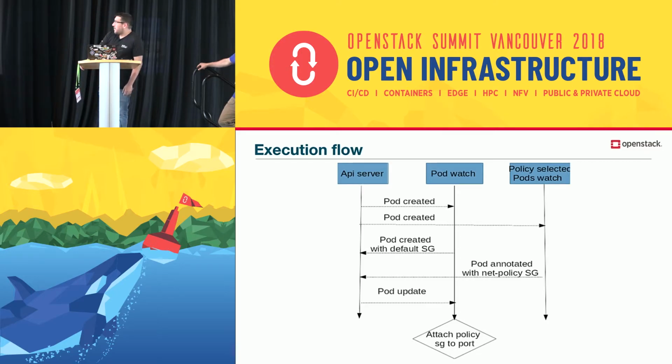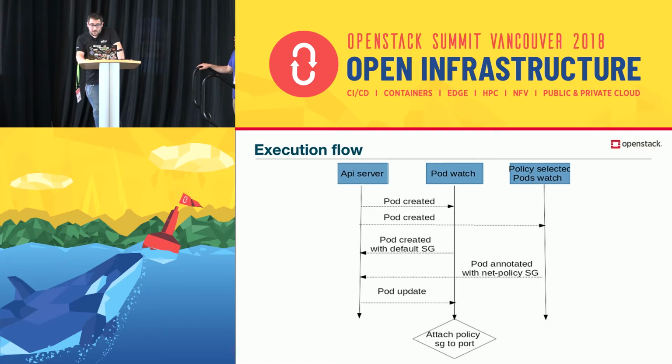But then, what we are doing is we are also annotating. In Kuryr, we are hosting all the Neutron information in terms of networking in the container's annotation field, and afterwards we will just be going there and creating the annotation with the network policy. After all this is done, we'll just be attaching the policy security group to the port, so it will get updated.